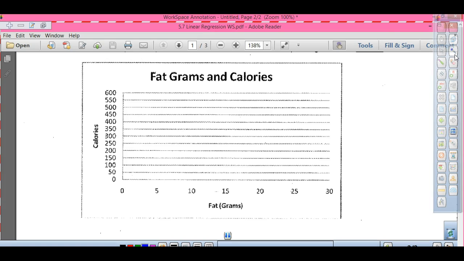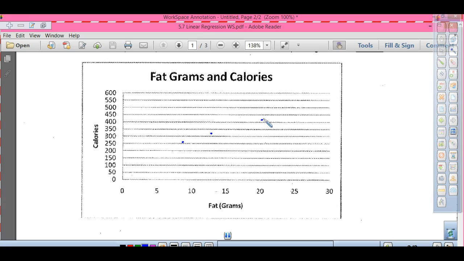I'm not making guarantees, but all right, so hamburger, we've got 9 grams of fat, up to 260 calories. Cheeseburger, 13, we're going up to 320. Quarter pounder is 21 and 420.